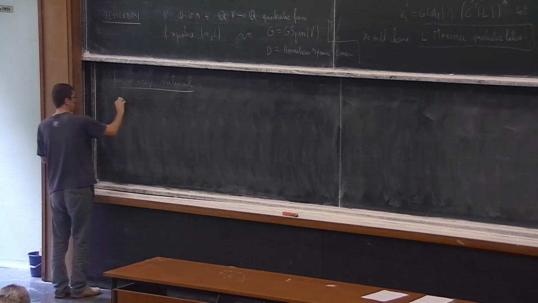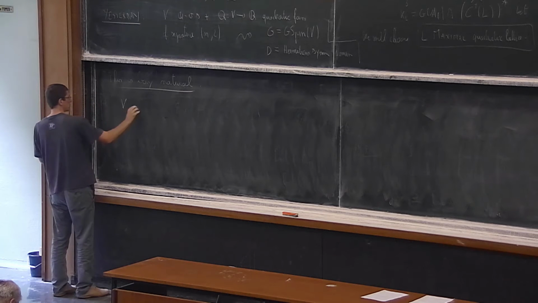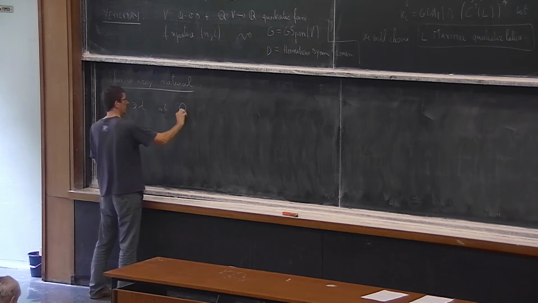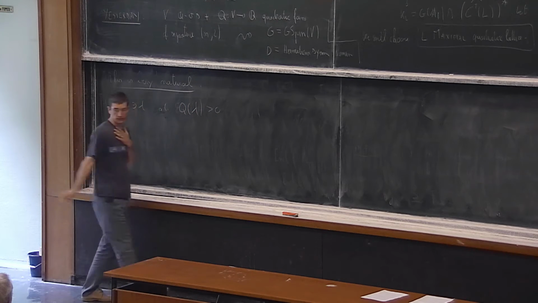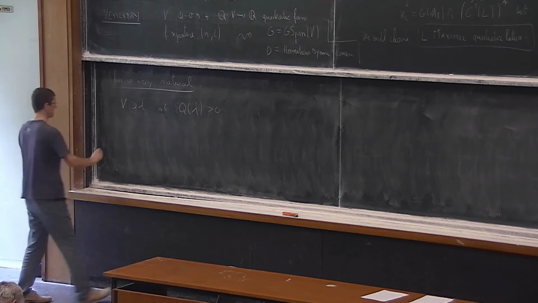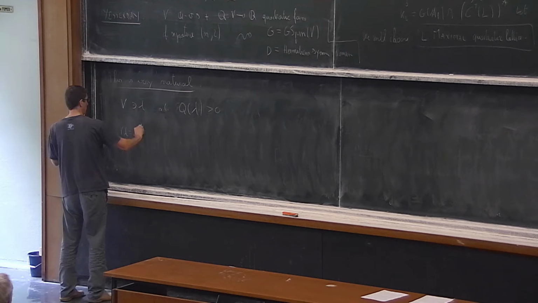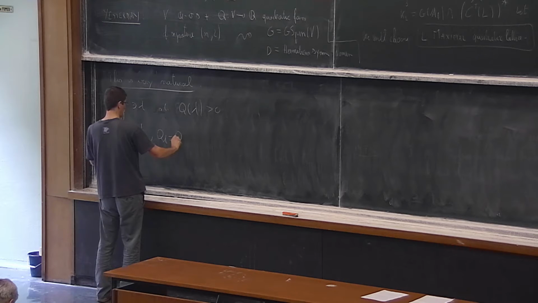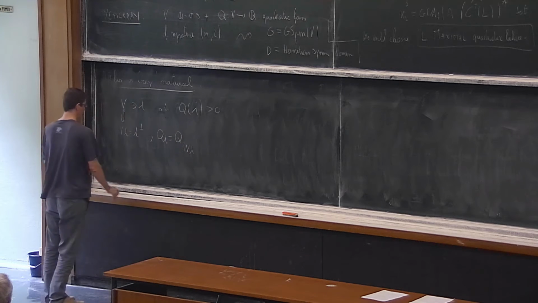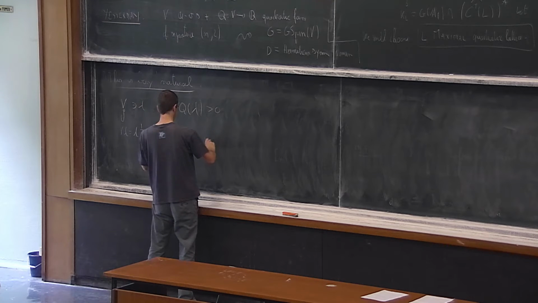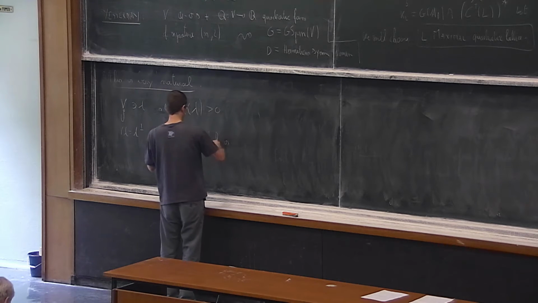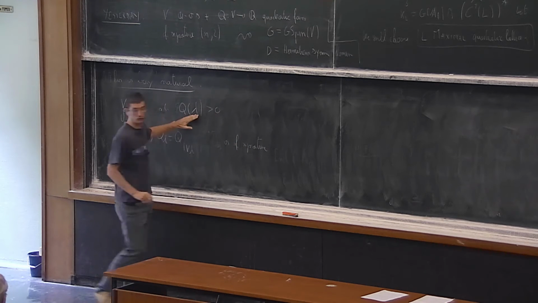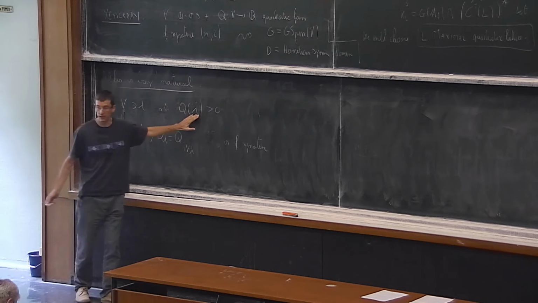Because you see, if you start with V, your vector space, and if you start with lambda in V, an element such that Q of lambda is positive, then I can immediately cook up V lambda, which is lambda orthogonal, and a quadratic form associated to it, a new pair, of signature, well, I removed one of the positive eigenvalues by taking the orthogonal.